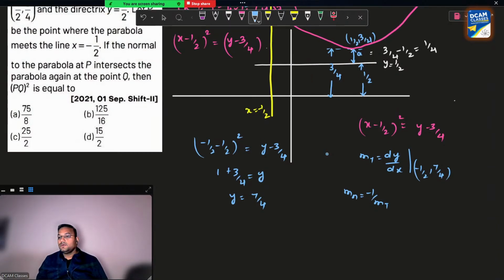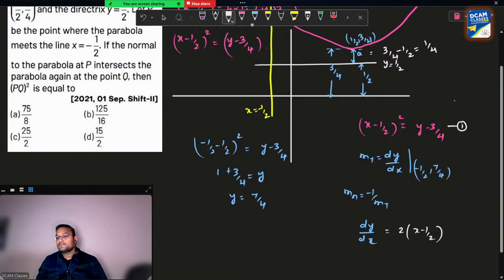See how we'll do dy by dx. Differentiating the above equation, the first one, dy by dx is equal to 2 into x minus half. And the value at the point is 2 into minus half, it's minus 2.